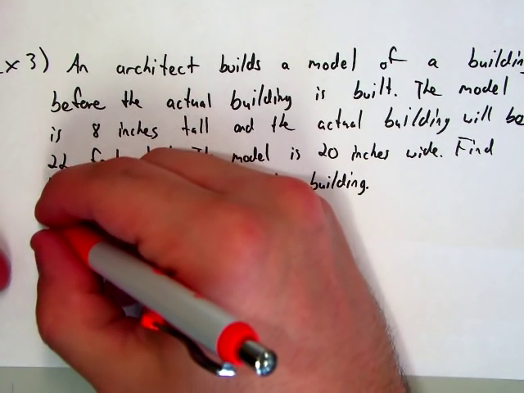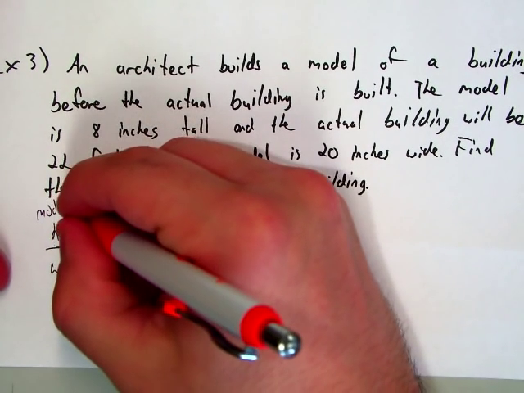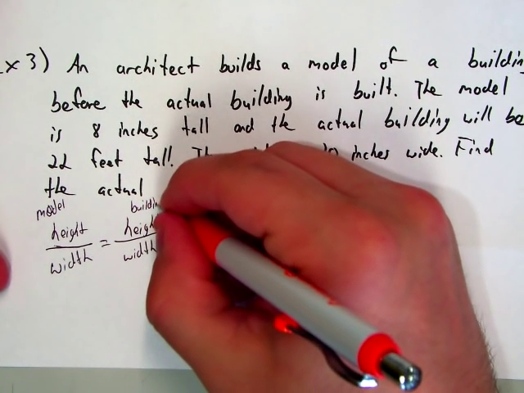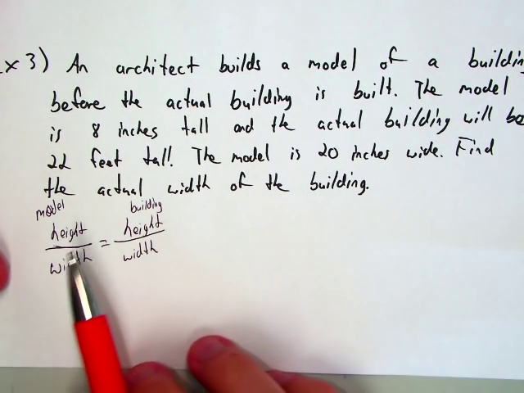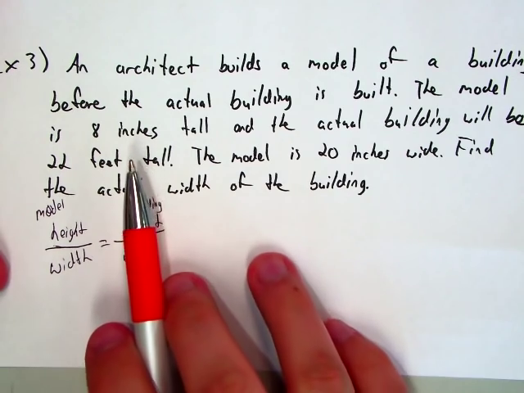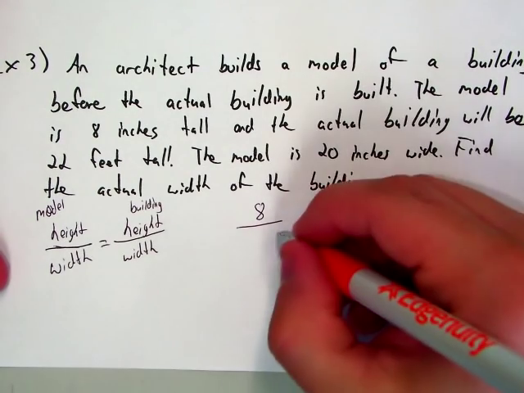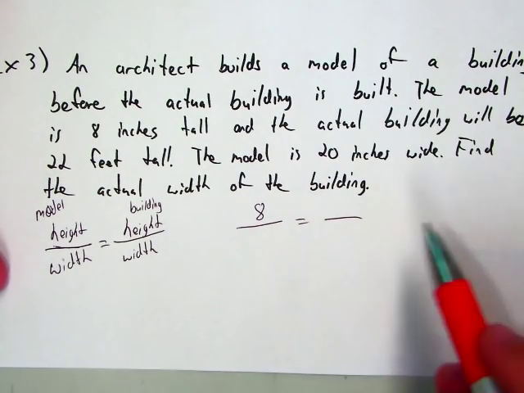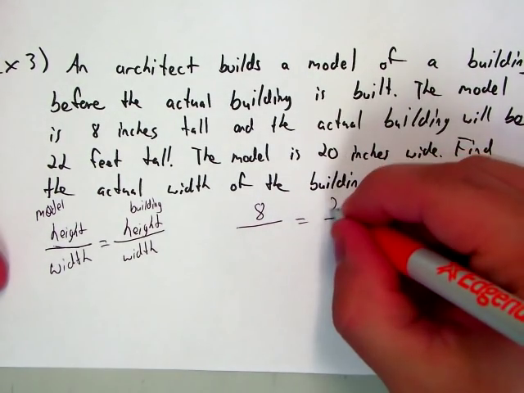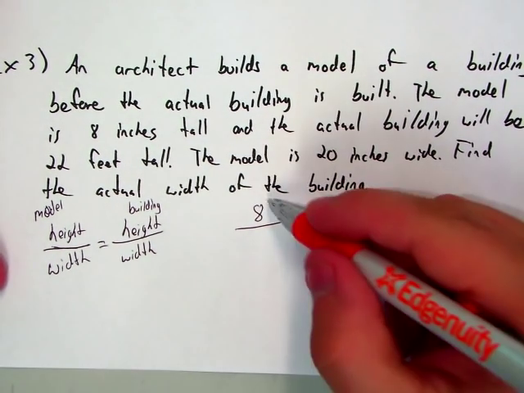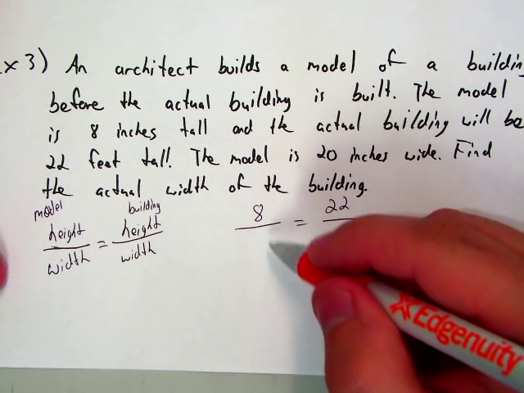So again, this right here is the model. This right here is the actual building. If I start fitting in my numbers, the model is 8 inches tall, so I'm going to put 8 here. It says the actual building will be 22 feet tall. It's okay that units are not the same because the units in the ratio will be the same.